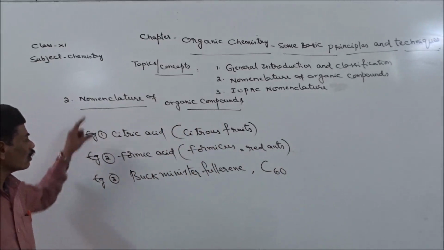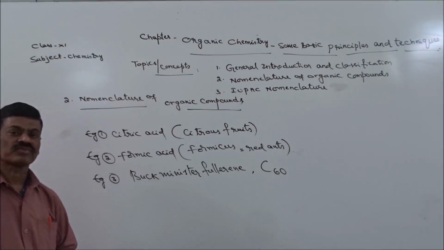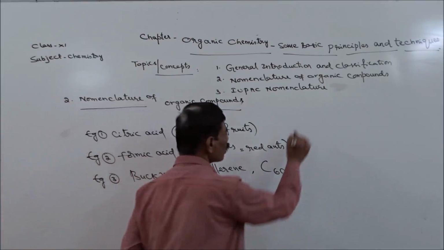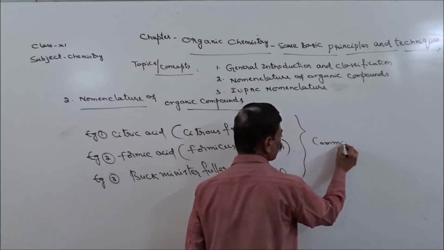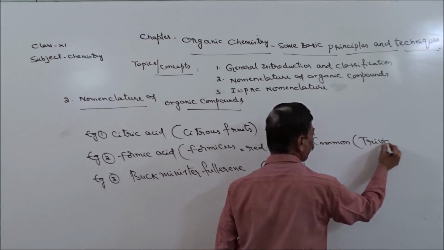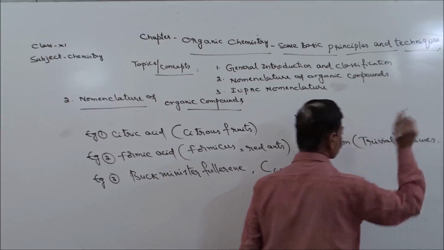And like this, we have some more compounds like acetic acid that is obtained from acetone. So all these are common or trivial names.